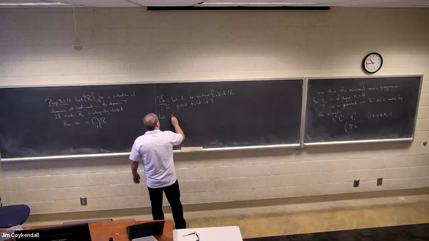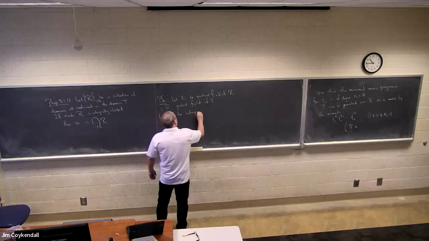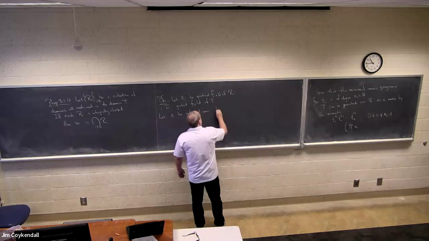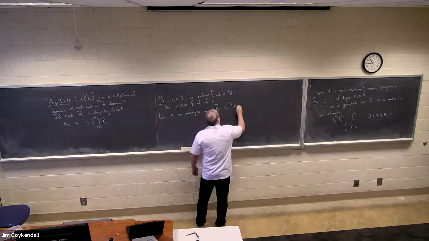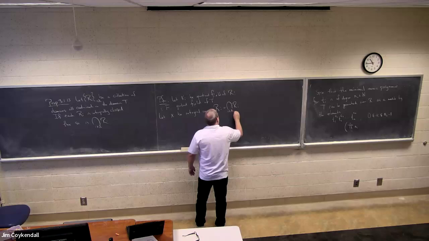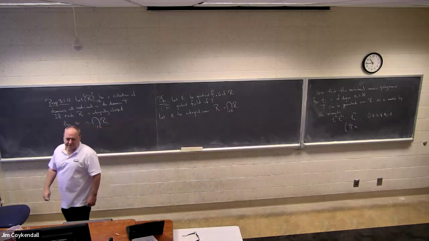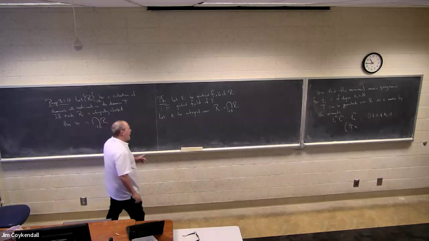Let X be integral, there we go, over R. So X is an element that is integral over this, and because it lives in the intersection of the Ki, right?